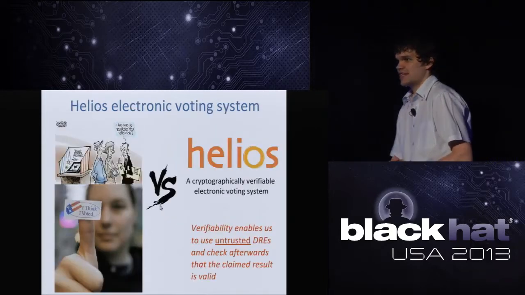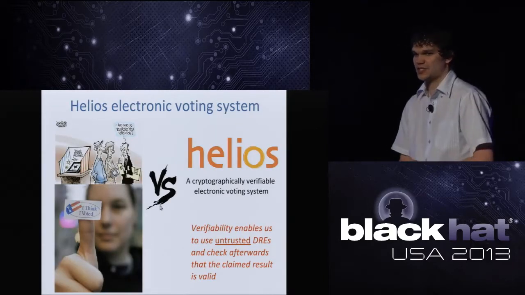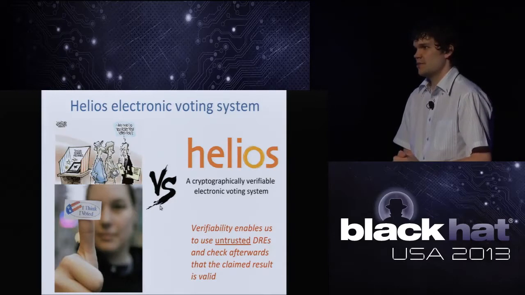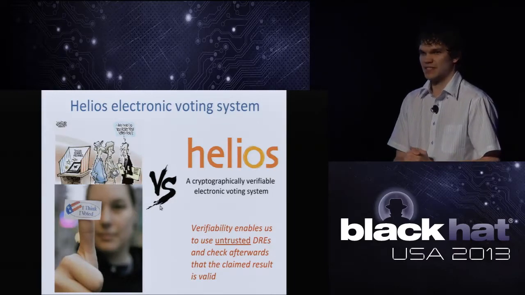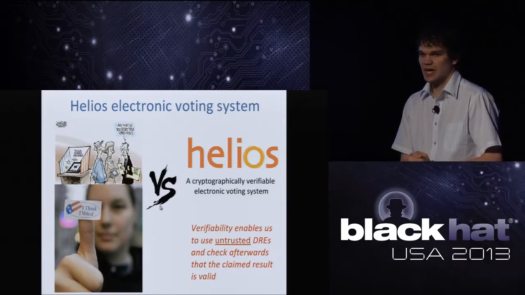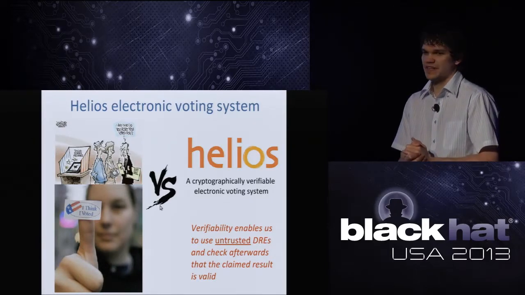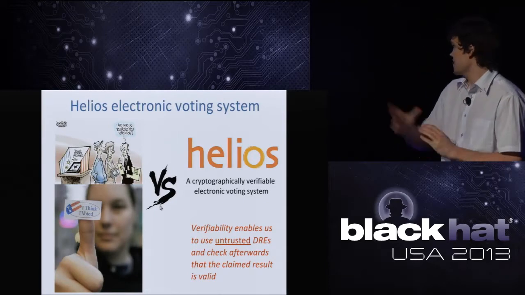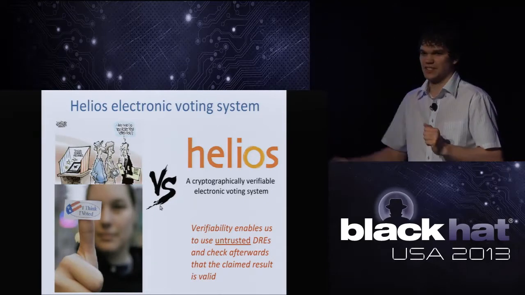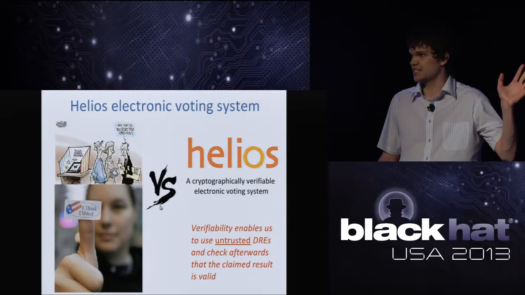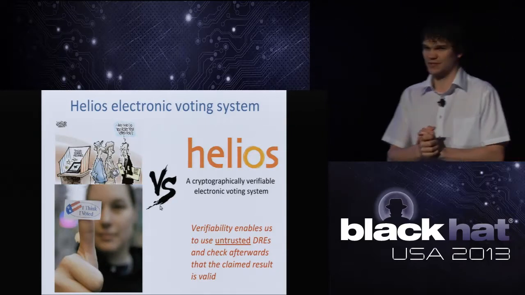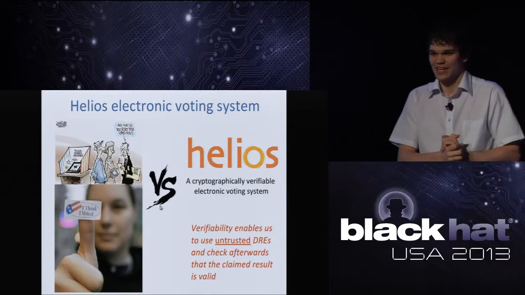Okay, so attack number one is against the Helios electronic voting system. Electronic voting is one of my research areas that I'm particularly interested in. I should probably distinguish between the current situation, which is on the right-hand side of that slide, and the ideal situation on the left-hand side, or the other way around for you guys who are looking this way.